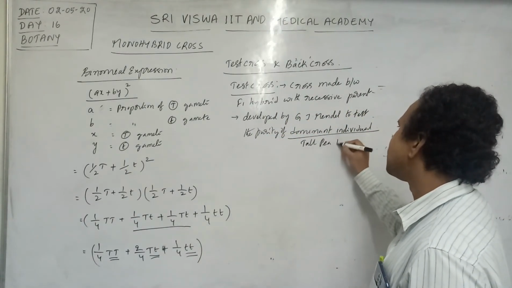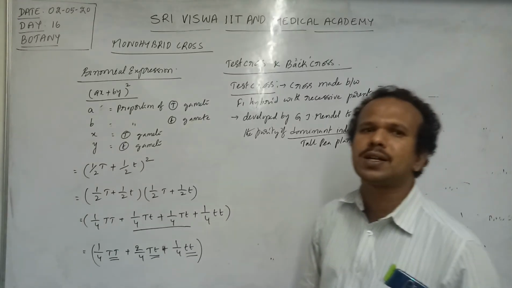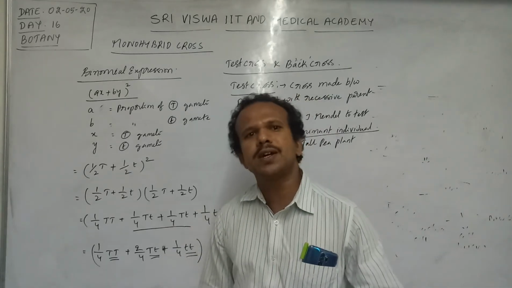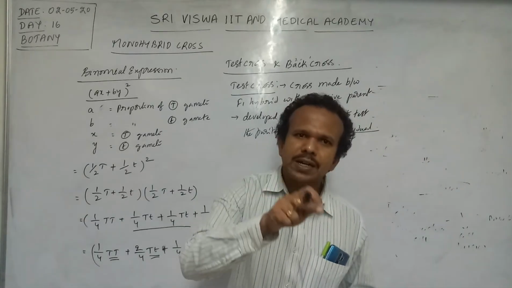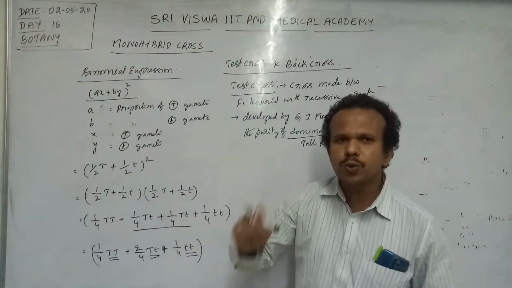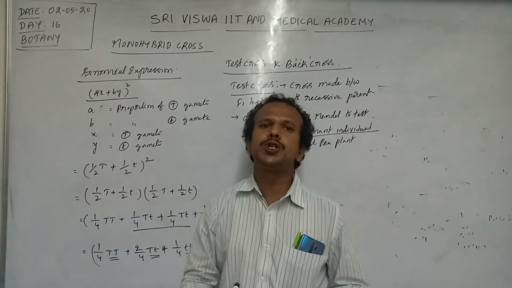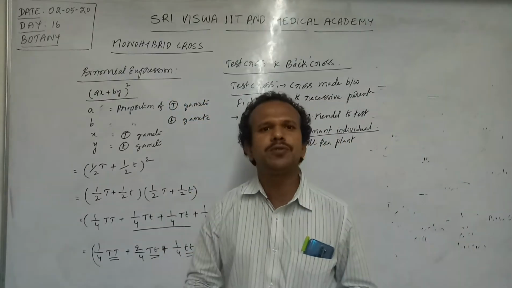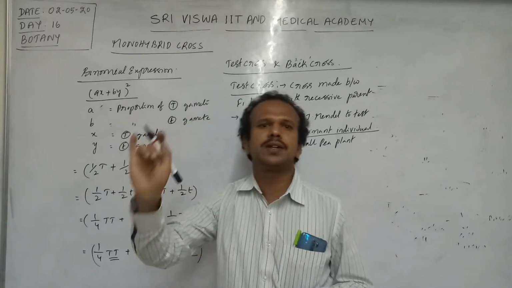Tall pea plant. Homozygous tall plant is tall phenotypically. Heterozygous tall plant is also tall. There is no morphological difference between capital T capital T plant and capital T small t plant. Mendel used this test cross to test whether that tall individual has a genotype capital T capital T or capital T small t.